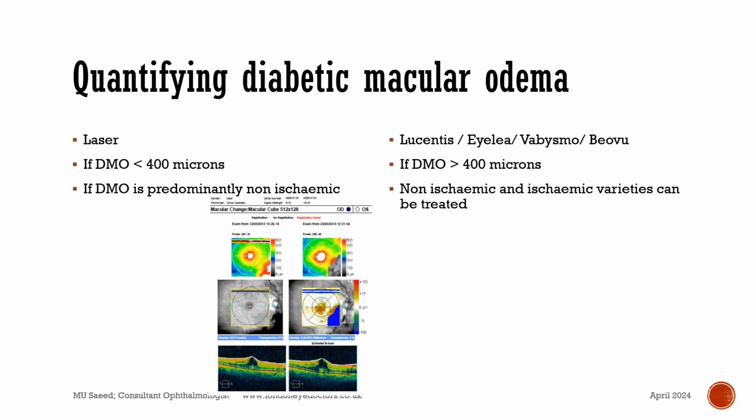Diabetic macular edema needs to be quantified, and if there is significant diabetic macular edema which is within the central 1 millimeter of the fovea, this can be identified with an OCT machine, and a central macular edema would likely sway the treating surgeon's decision towards anti-VEGF agents.